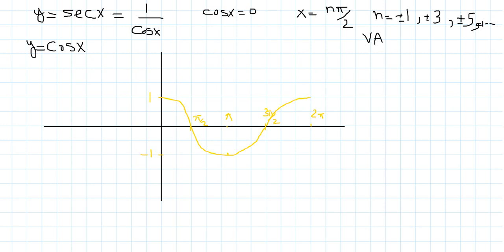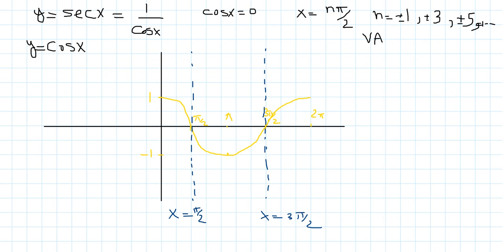I must at first draw the asymptotes. I know on pi over 2 I have an asymptote. The next asymptote is on 3 pi over 2. So I draw the asymptote on x equals 3 pi over 2, and here x equals pi over 2.